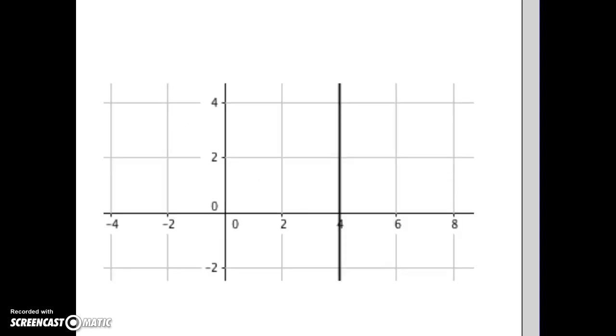So, our first equation has been graphed, and this equation is a vertical line. Right here, I'm going to go over that in red. That is a vertical line. So let's think a moment about the slope and the y-intercept.